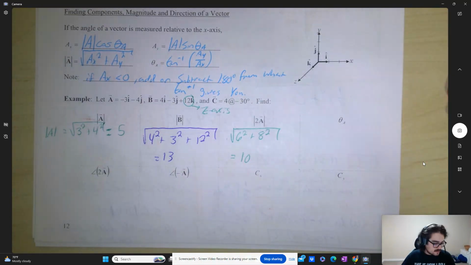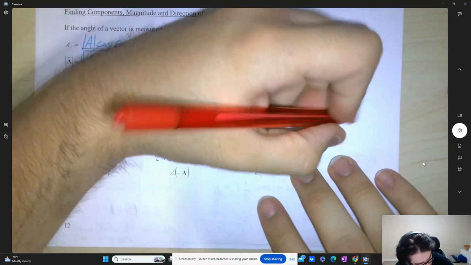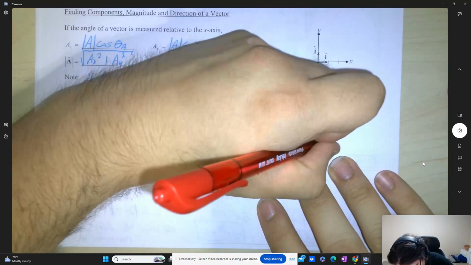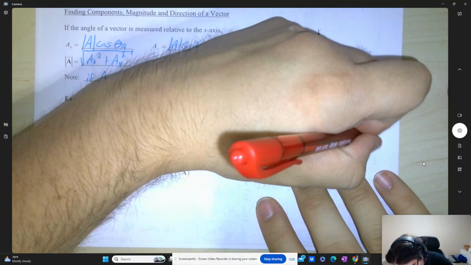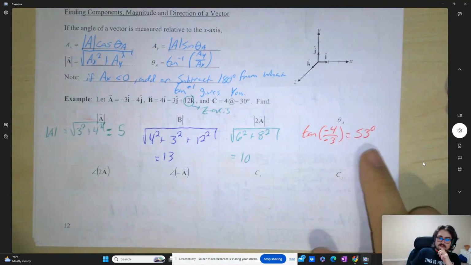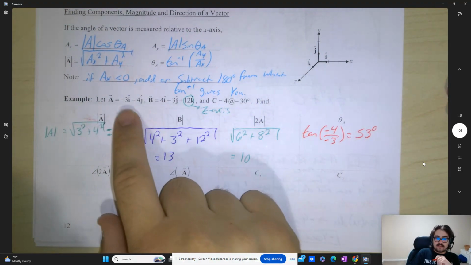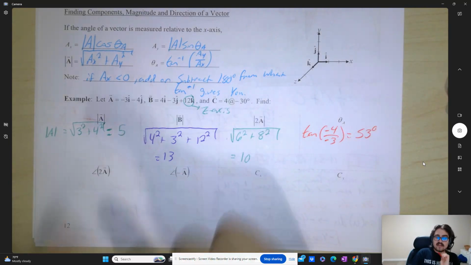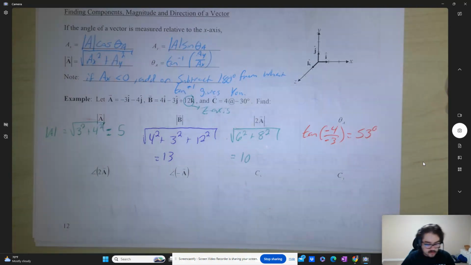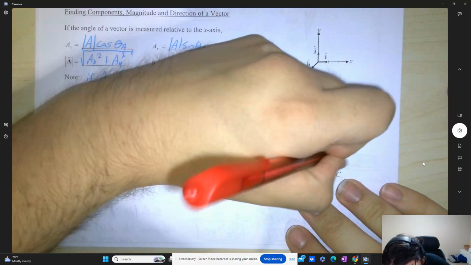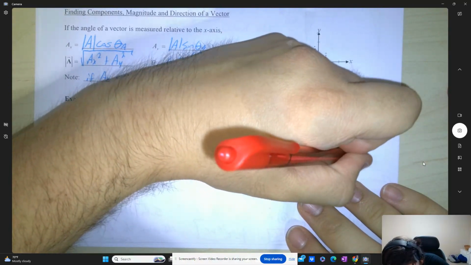To get theta sub A, we need to do the inverse tangent of the y component, which is negative 4, over the x component, which is negative 3, and that gives me 53 degrees. Now here's the thing, that's not my answer, because that is in quadrant 1, and since both of our coordinates are negative, it should be in quadrant 3. So I need to add or subtract 180 degrees.